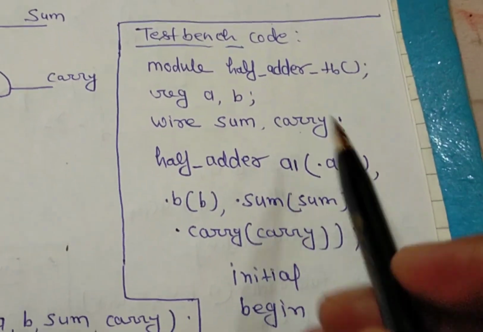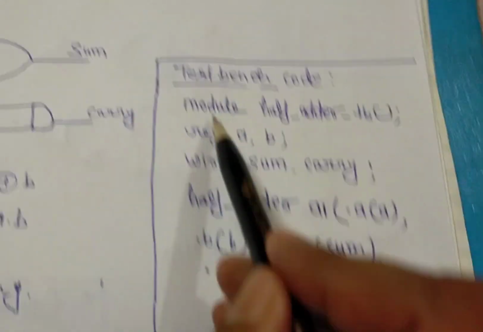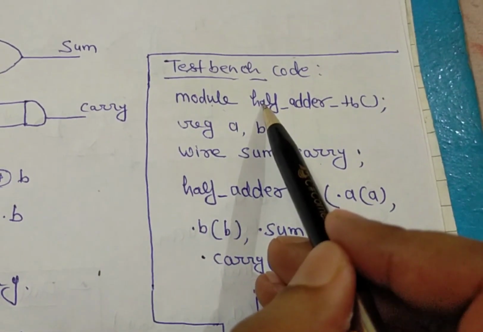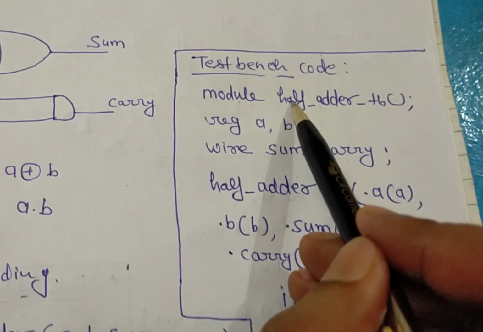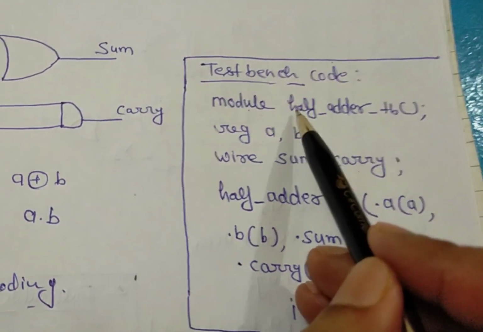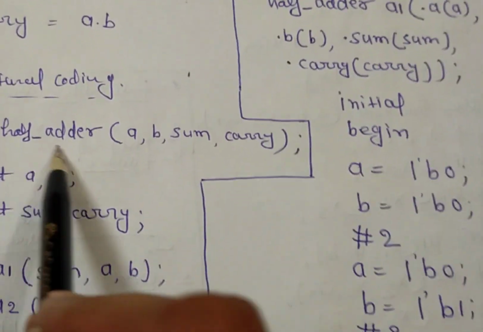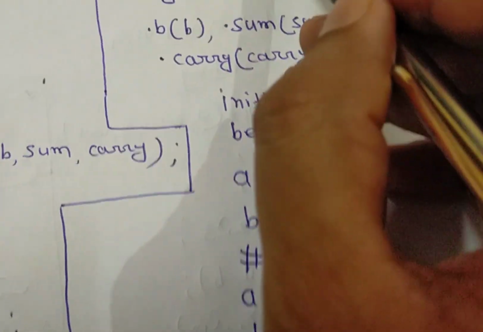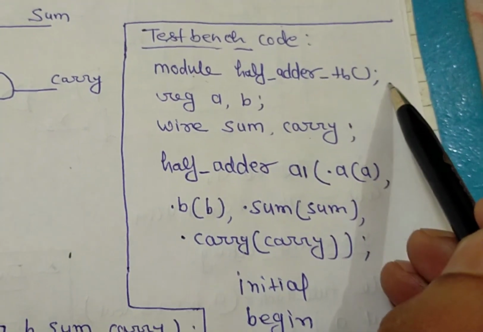In the test bench code, again it will start from the module. So first write module and then write the module name. This module name must be different from the module name we have given in the design code. Here you can write module half underscore adder underscore TB, bracket, then semicolon.